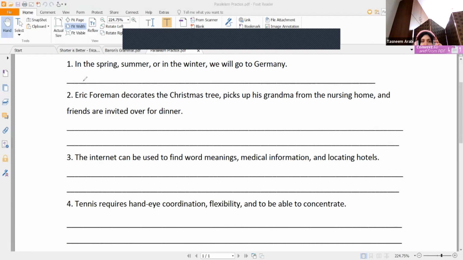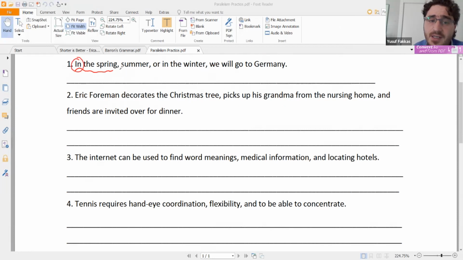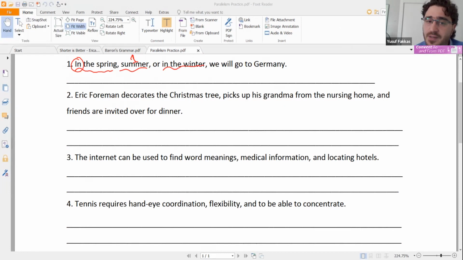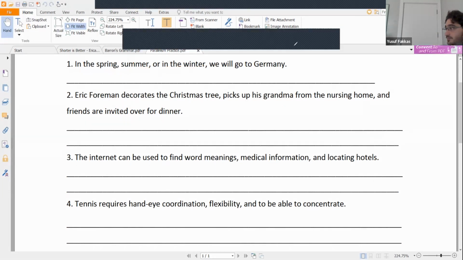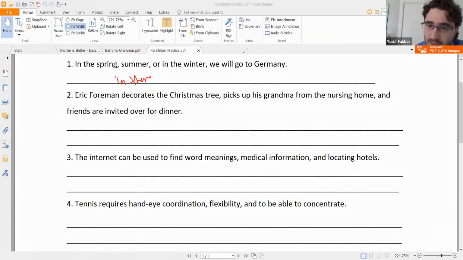Good. So here, in the spring, that's a prepositional phrase. Summer, one individual word. Or in the winter, that's another phrase. How can we fix them? So in the spring, in the summer, or in the winter. So when we added in the before summer, now all the 3 phrases are parallel, right?